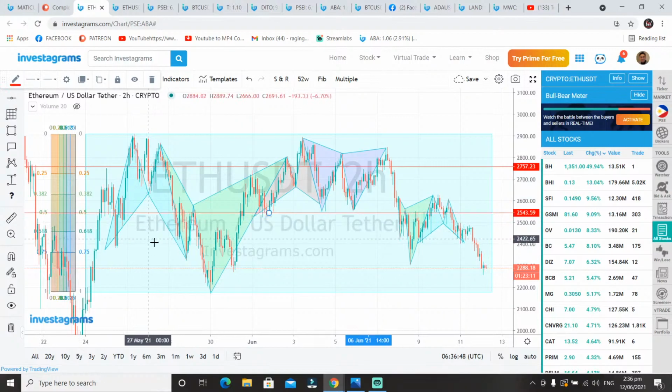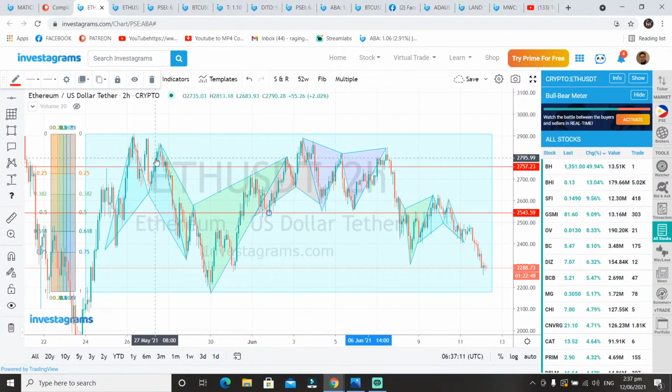So what usually would happen is that if the market is bullish, it will mostly work on this upper level because it is bullish. Okay, so during that time, it went down, so it showed a little bullish, so it played in this level.